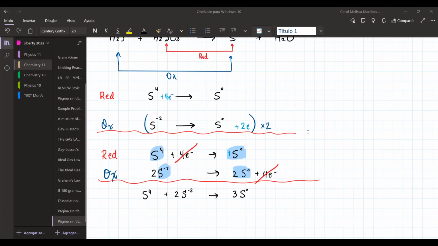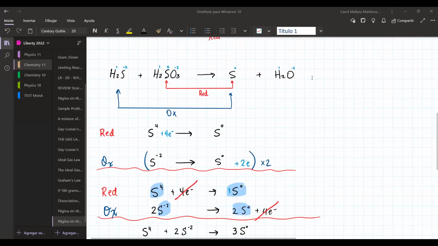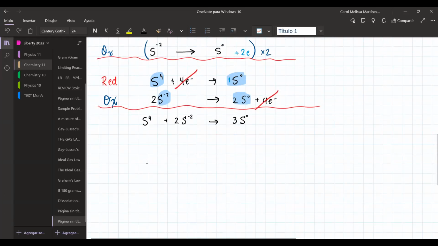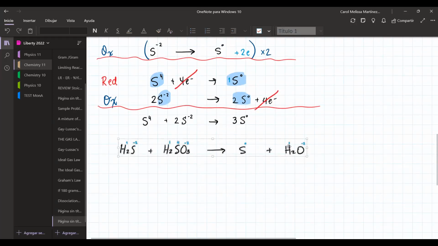And then all I need to do is take my original equation, and I'm going to include the coefficients. So here in the sulfur with a 0, I'm going to need a coefficient of 3. So I place it here.